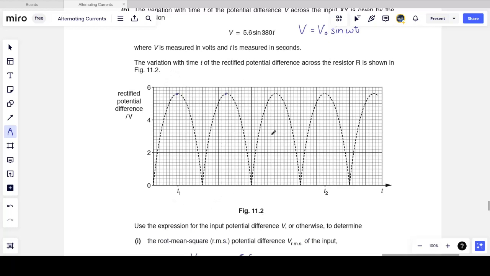So in one cycle, it happens twice. This peak is reached once, and the negative peak is shifted above the horizontal axis. And so for every period, I have two peaks occurring.